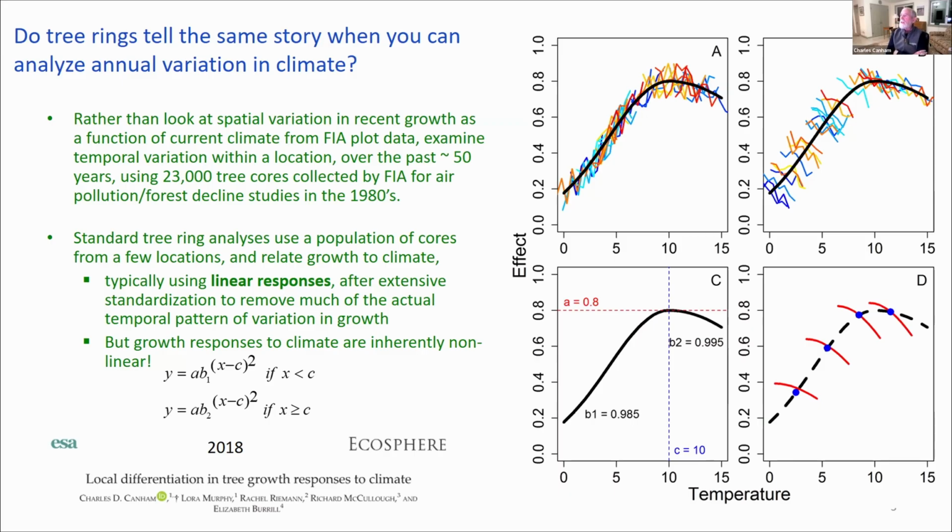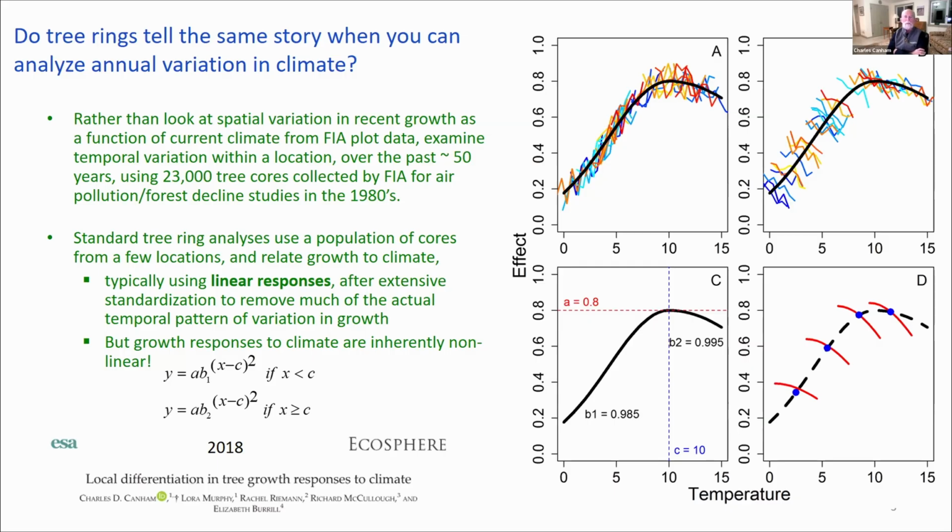So that figure in the upper left-hand corner, A, imagine a whole series of cores collected across a very broad geographic range. You'd be interested in trying to fit that dark line, which would be the temperature response, for instance. And any individual core would cover just a portion of that range.